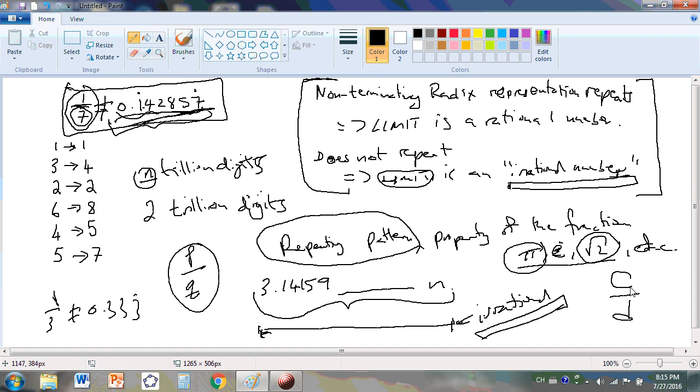But when I say irrational, I mean incommensurable, because incommensurable is not the same as irrational. An incommensurable magnitude literally means a magnitude that has no common measure with any other magnitude, in particular the unit which is used to measure all magnitudes.